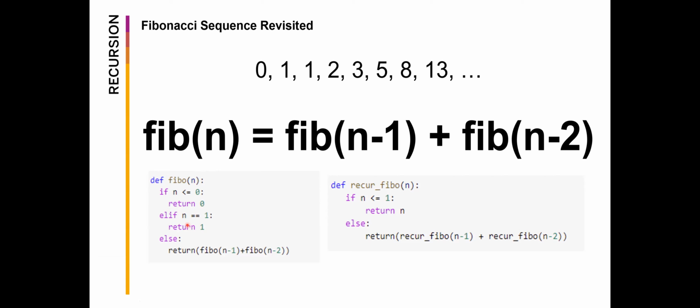Or if n is equal to 1, we simply say 1. So we now have two base cases at this point. When it arrives at 1 plus 0, it will not proceed to -1, and it will not call the Fibonacci function when it's 0 or 1.